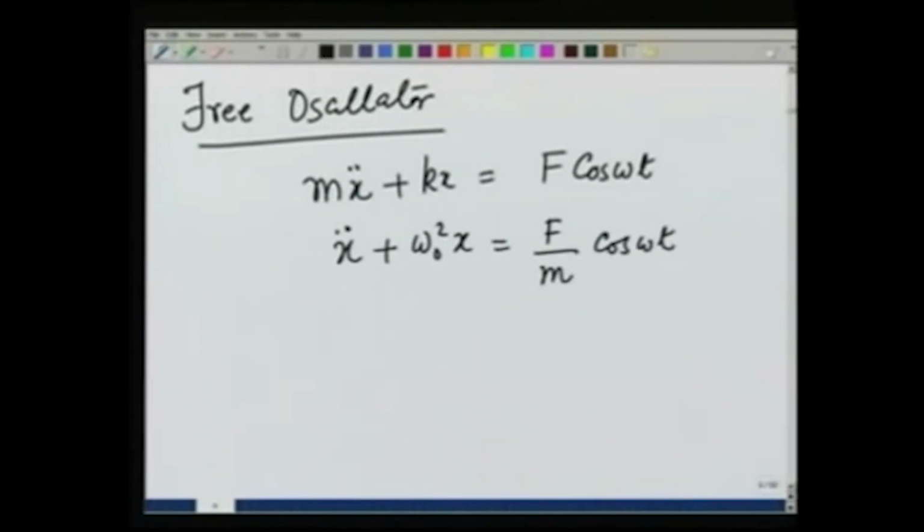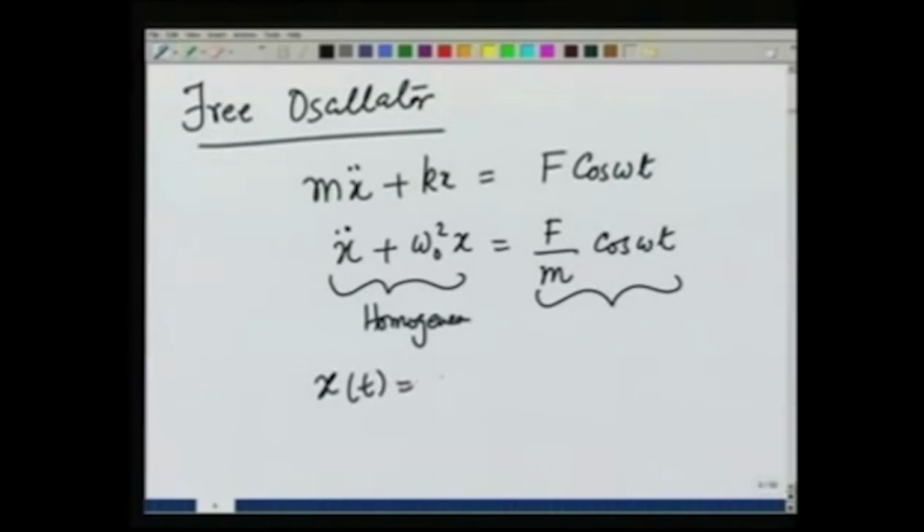This is an equation which has a homogeneous part and a driving term. So, the general solution of this equation is going to be x(t) is equal to x homogeneous plus x particular.